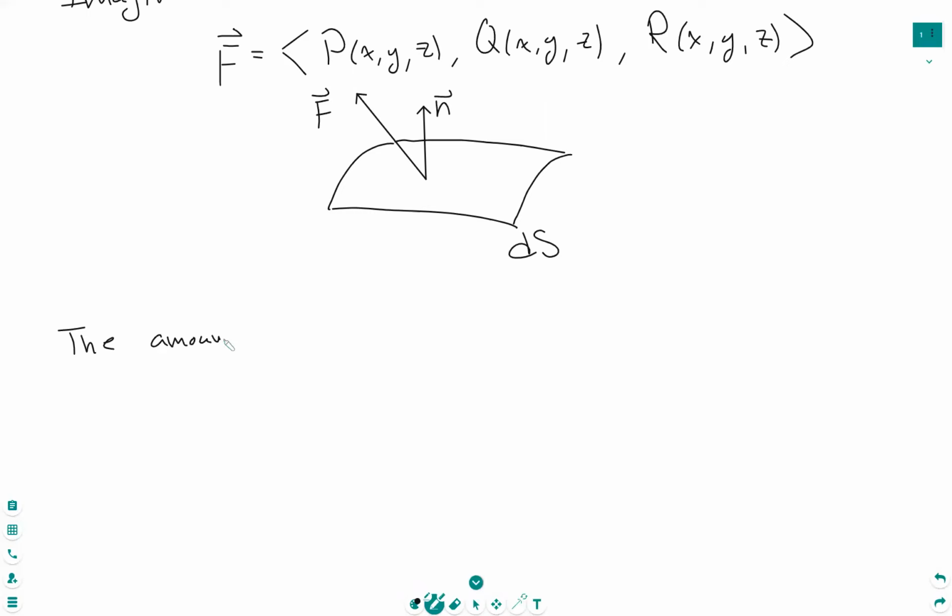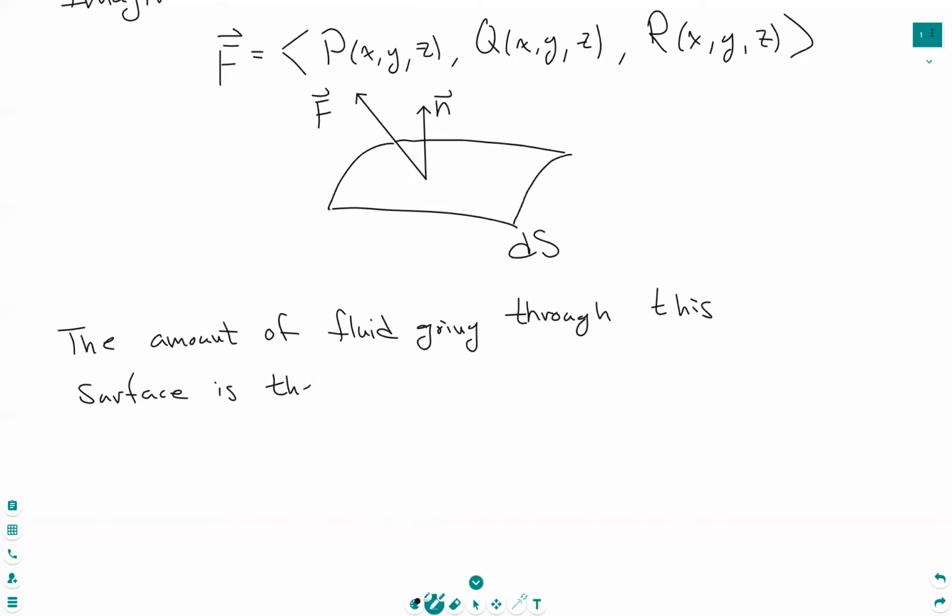So the amount of fluid going through this surface is the amount in the n direction.